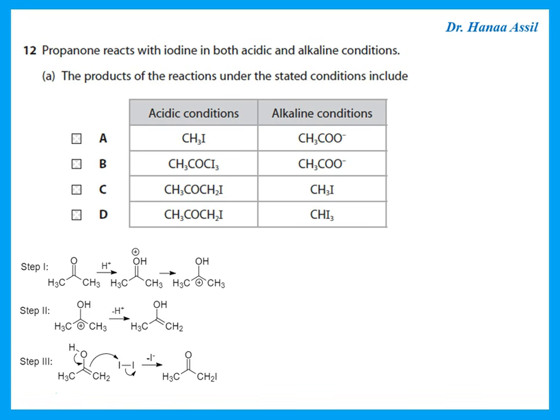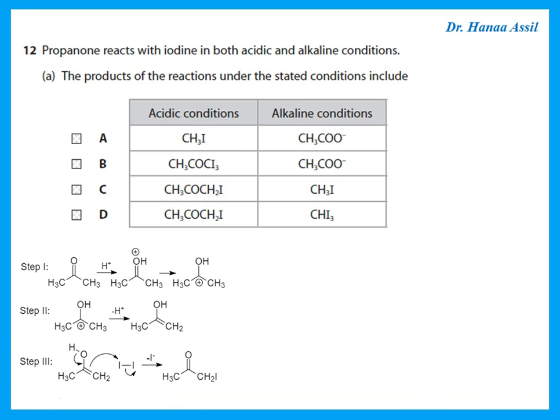So I have a carbocation, and then the carbocation is rearranged, and then we have loss of the hydrogen. So in the end, we add the iodine to one of the methyl groups. So my product in the acidic conditions is CH3COCH2I. So my answer is C or D.